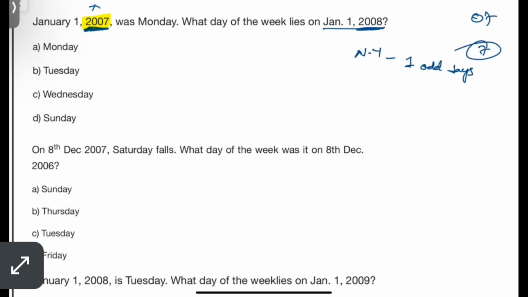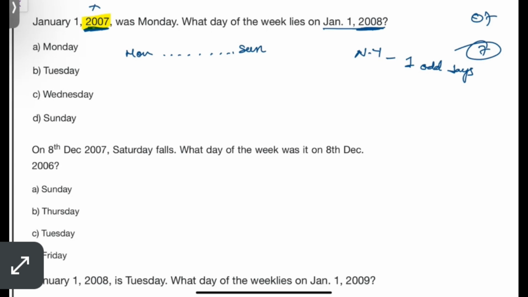So the trick is this one. For this question, I'll try to explain it in expanded terms. First January, it started with Monday. It will go on and end by Sunday. 1st January 2007 started with Monday and it will end by Sunday. That means that's a 1 week cycle: Monday, Tuesday, Wednesday, Thursday, Friday, Saturday and Sunday.